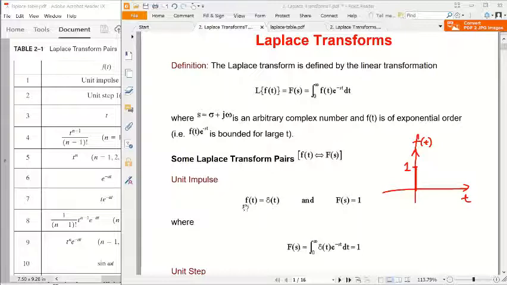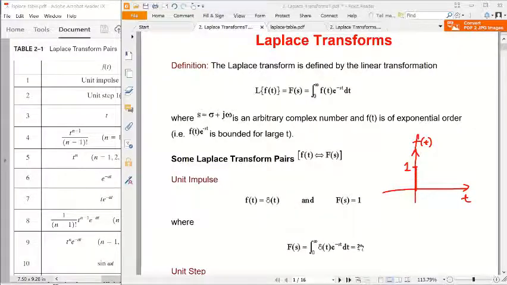So if this is the function in time domain and you apply the Laplace transform, that means you take the delta, multiply by e to the power of minus st, and then integrate this function. Integration, if you know, is the area below the graph. In this case, the area for this graph is just 1.